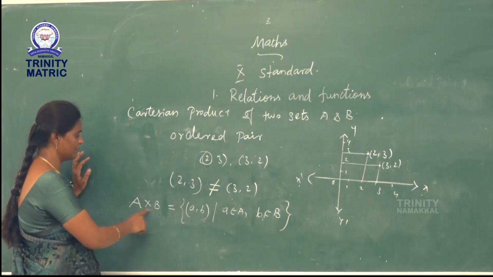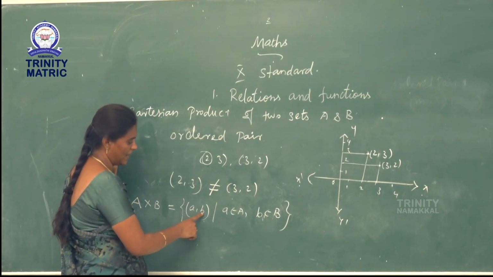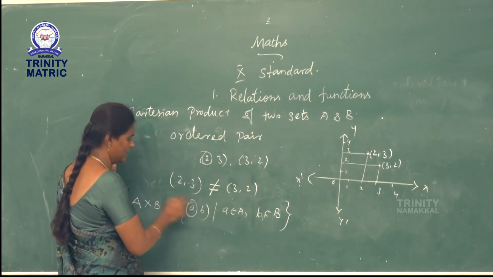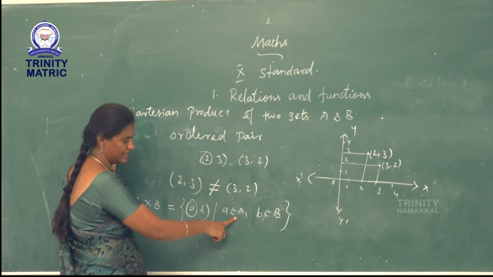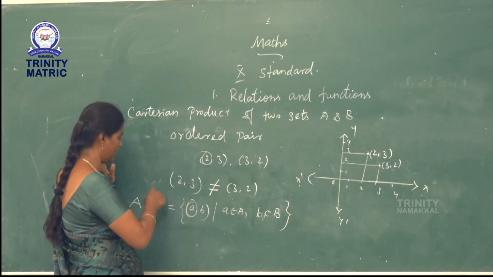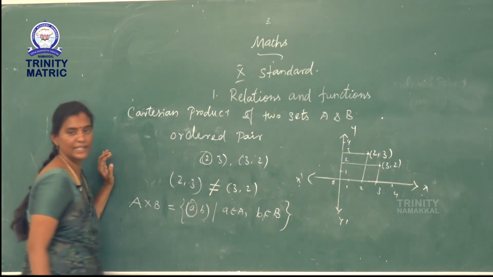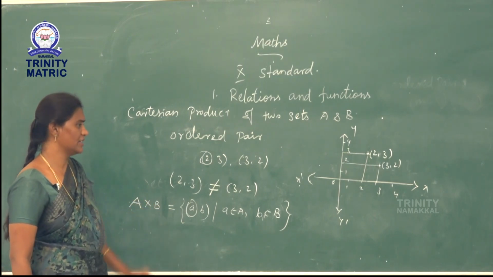That is, A cross B is equal to the ordered pair A comma B, where the first element belongs to the set A and the second element belongs to the second set B. This is the Cartesian product.